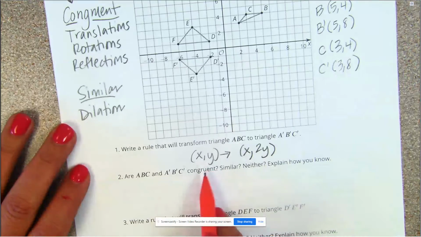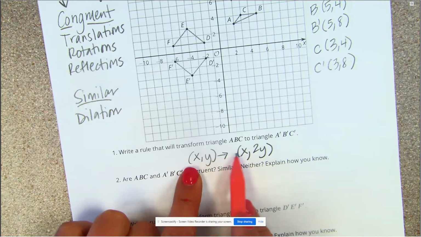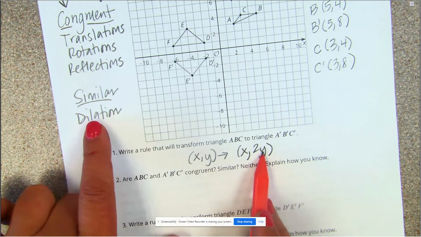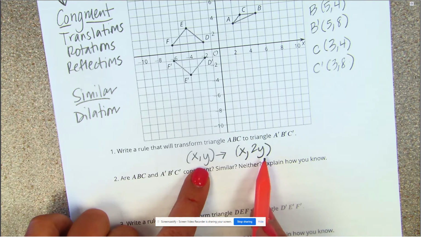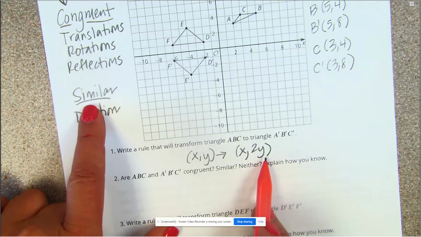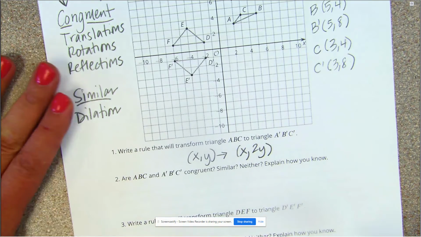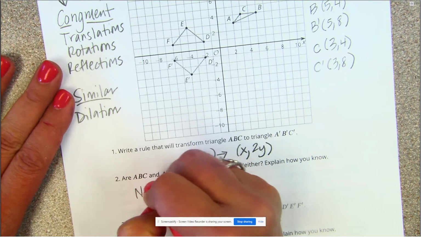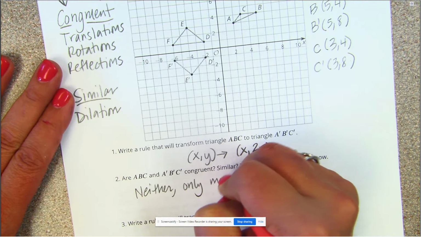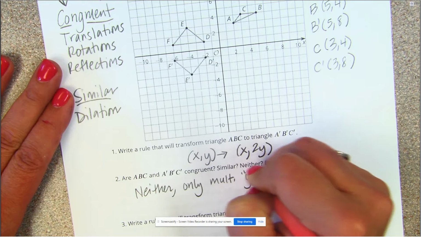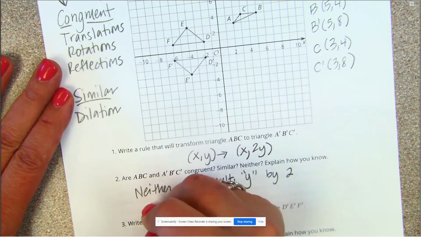So what did this do? If I only multiply one coordinate, is that a dilation? No, for a dilation, you have to multiply the x and the y to keep the sides proportional. That would make your definition similar. So neither. I only multiplied the y by 2.